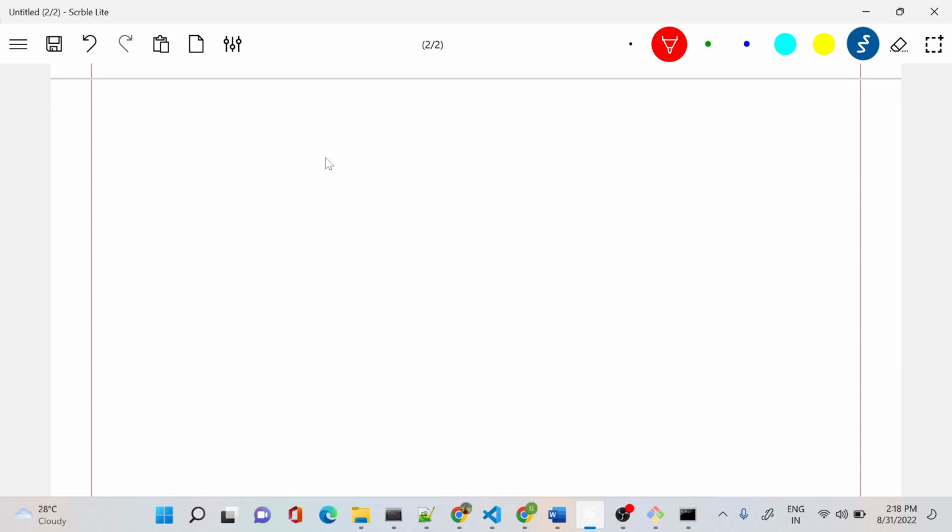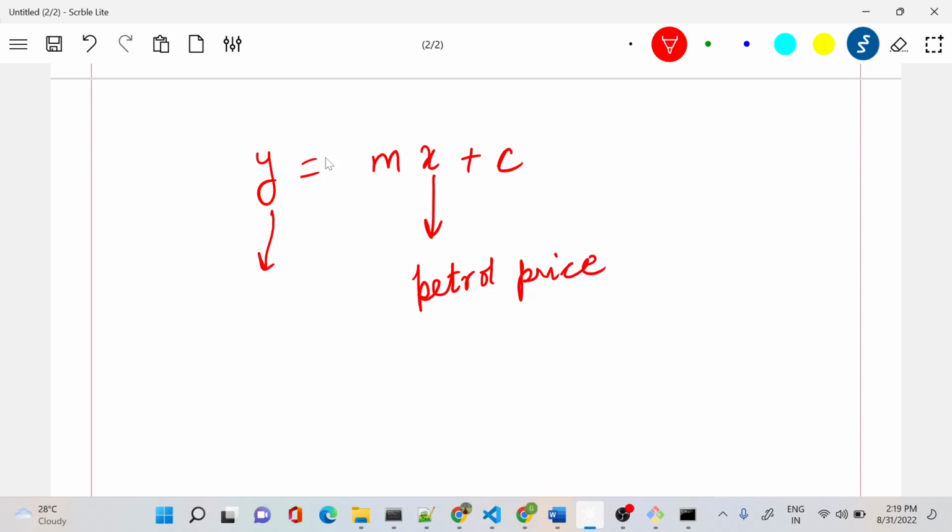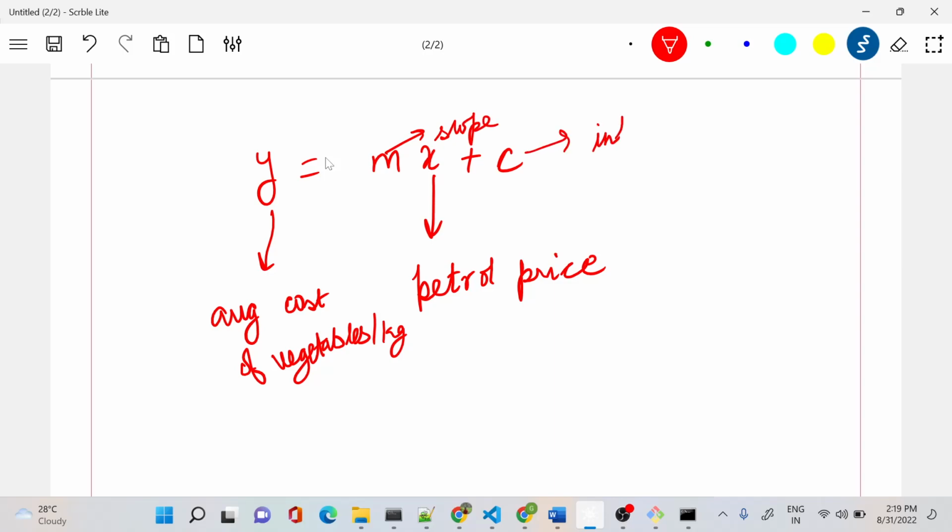The equation that we got is y equals mx plus c, where x is the petrol price, and y is our average cost of vegetables per kg. m was our slope and c was our intercept.